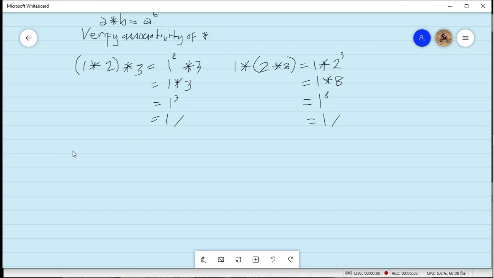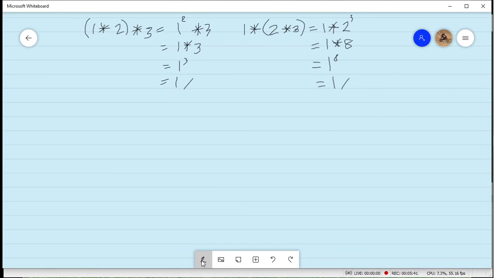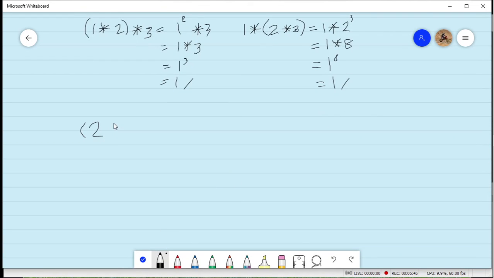That is, let's say for example, if we take the quantity 2 operation 1, operated to, let's just say 2. So this will give us 2 to the 1 by the definition of our operation.